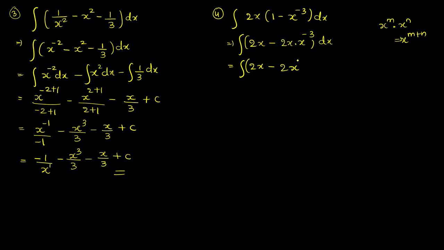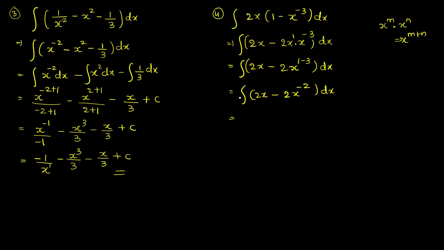So it is x power, since there is no power, we can take it as 1. So it is 1 minus 3 dx. Simplifying further, integration of 2x minus 2x power 1 minus 3 is minus 2 dx. So we have it in the simplified form now.